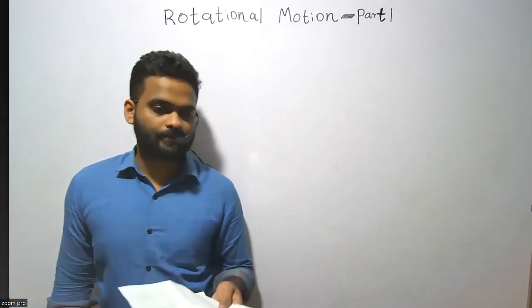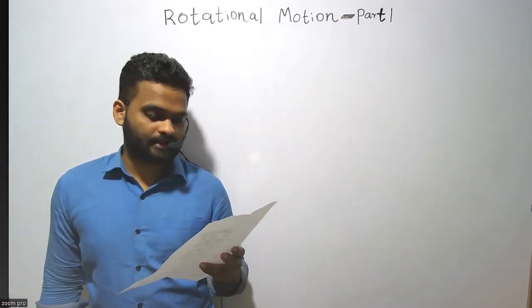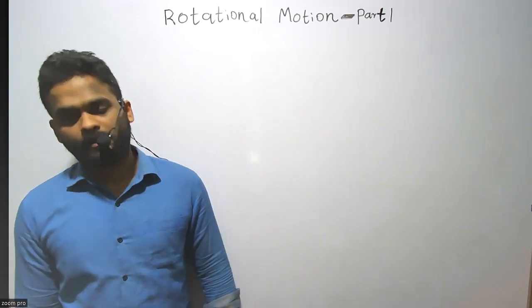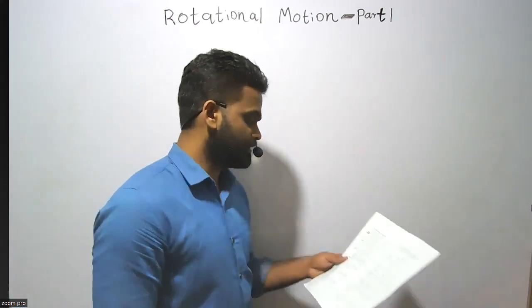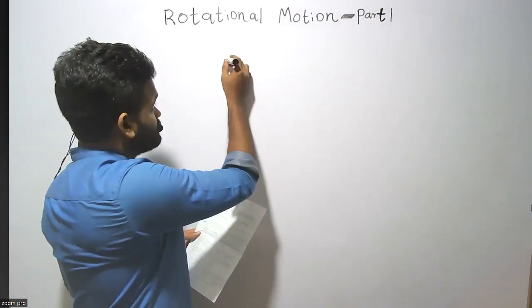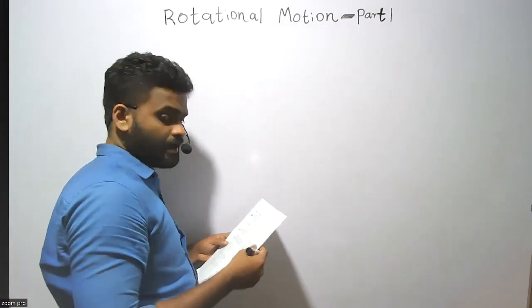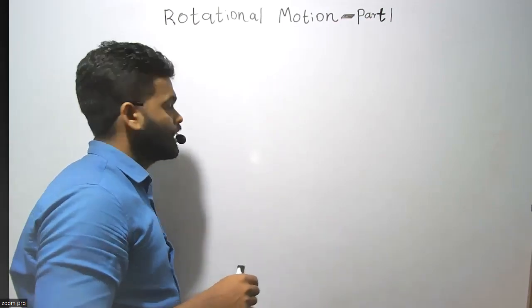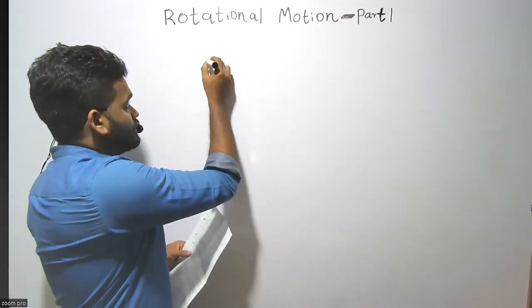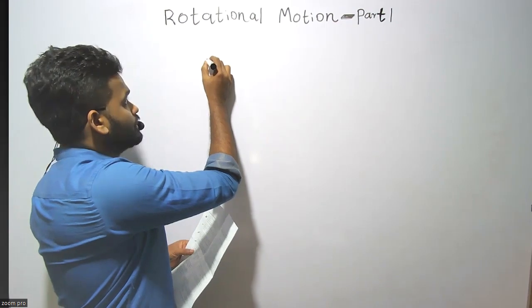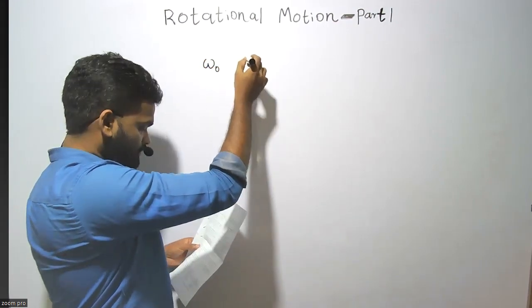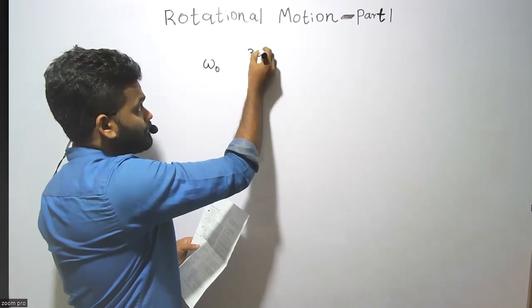Fifth question. A wheel decelerates after applying brakes from 300 RPM to 180 RPM within a minute. So here we have RPM, right? That's another thing you need to learn. So we have 300 RPM.